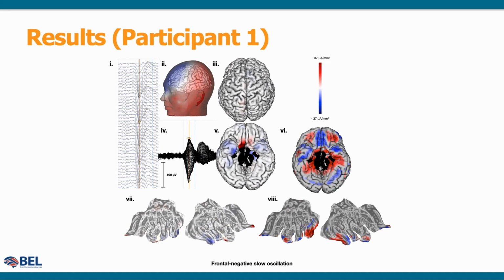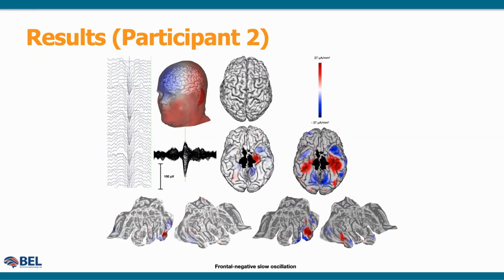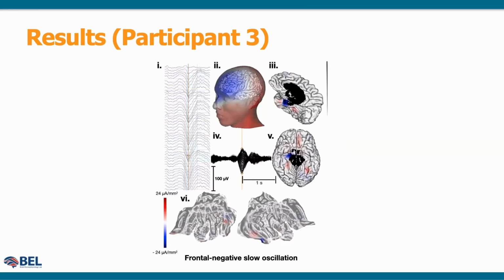Go ahead and step through a few more, just so people can see that pattern. Those are the ones that we have. This was participant 1. We started on 2, so that was 3 different participants that are all very consistent. And these are very representative of all of our results across all 10 people.